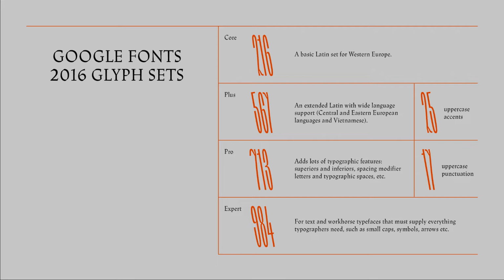But with the Plus, it already adds a lot of languages, like Central and Eastern European and also Vietnamese. Then the Pro mostly adds typographic features, like inferiors, superiors, and some spacing modifiers. While the Expert is intended for text and workhorse families, to cover all typographic needs basically.